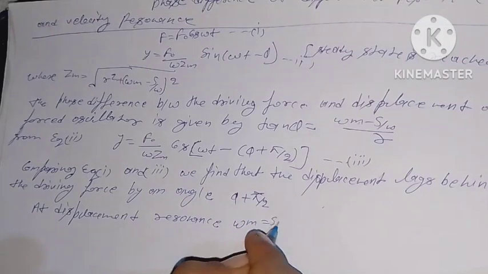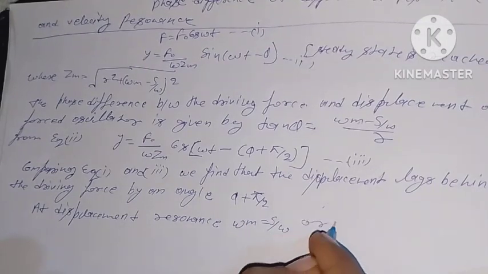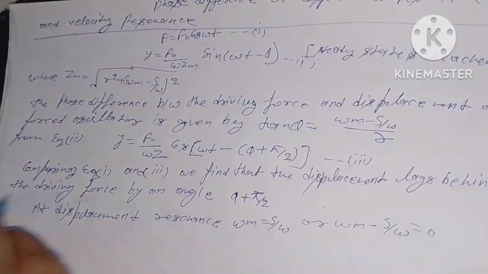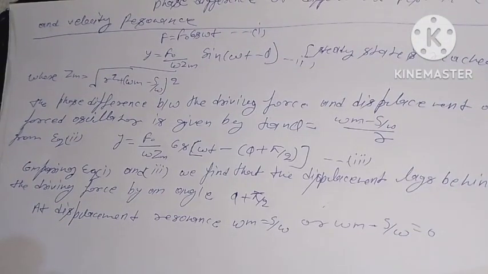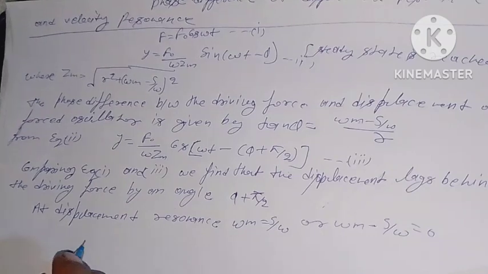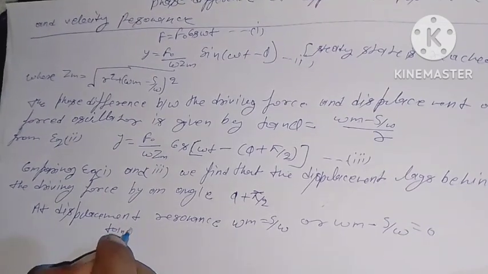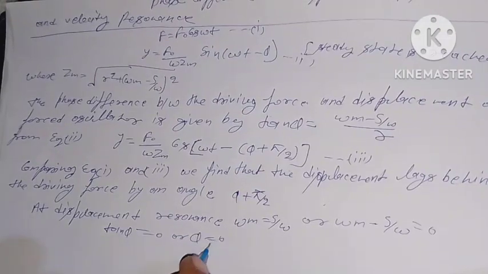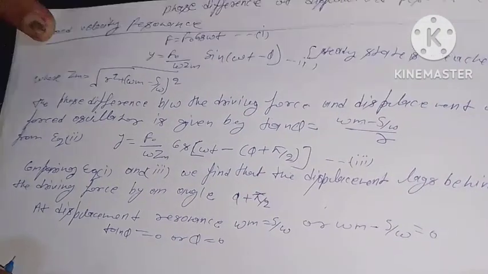At displacement resonance, omega m equal to s by omega, that is r omega m minus s by omega equal to 0. Then tan phi equal to 0, or phi is equal to 0 at resonance.